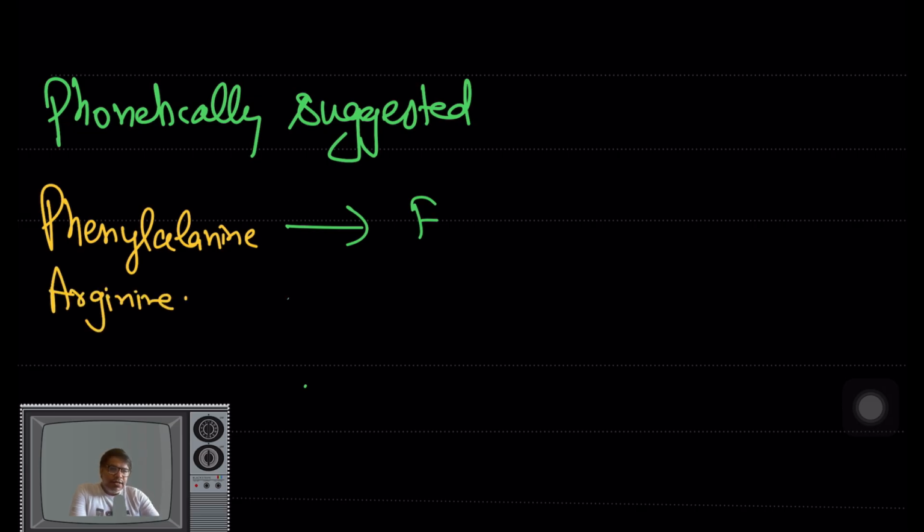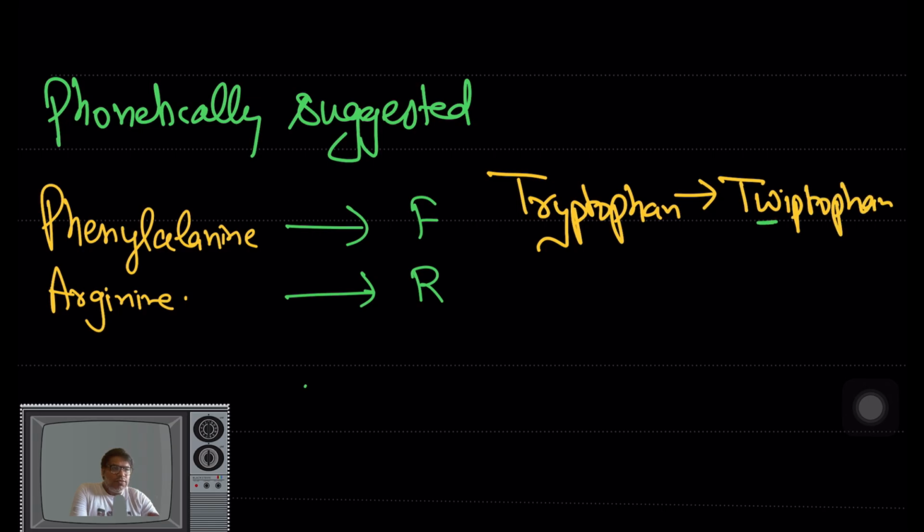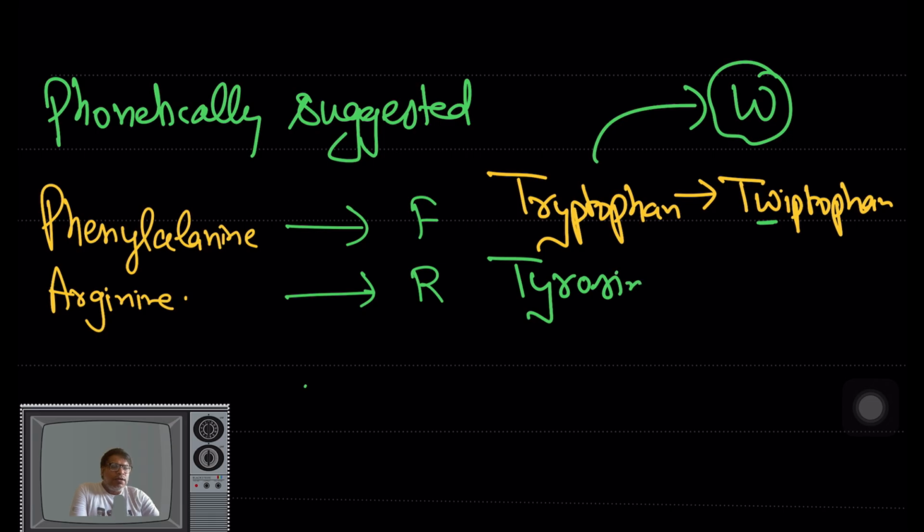In arginine you get a sound of R, so arginine has been assigned the letter R. Same way, tryptophan has been assigned W. Tryptophan looks similar, and it is also a bigger amino acid, and W represents something big. Now the letter Y has been assigned to tyrosine.